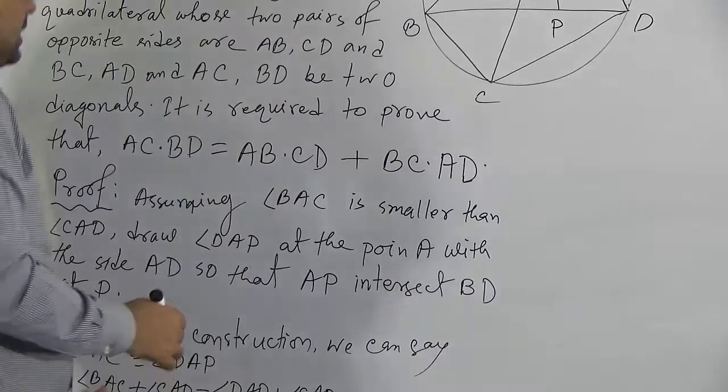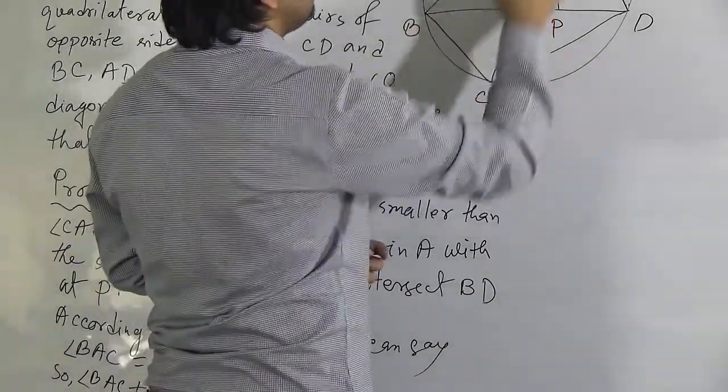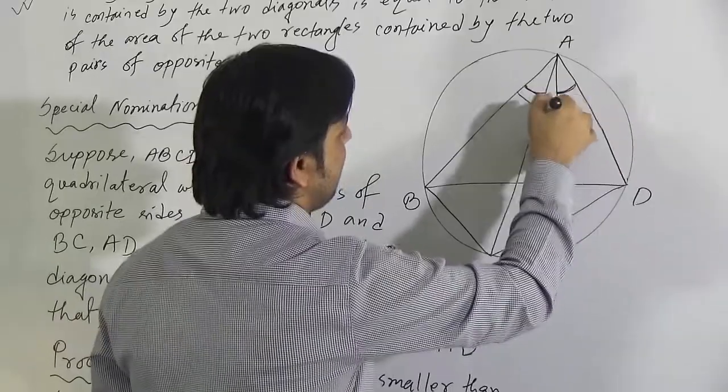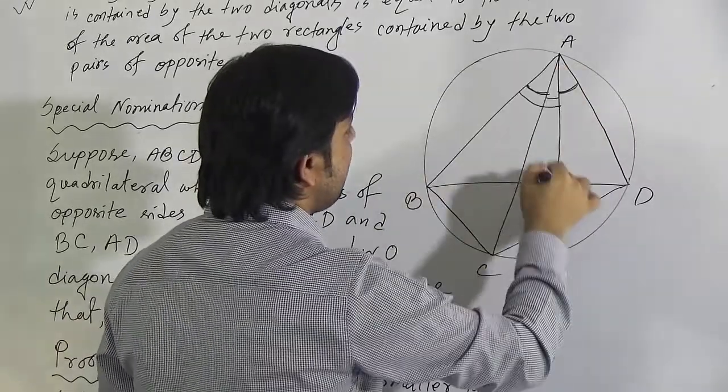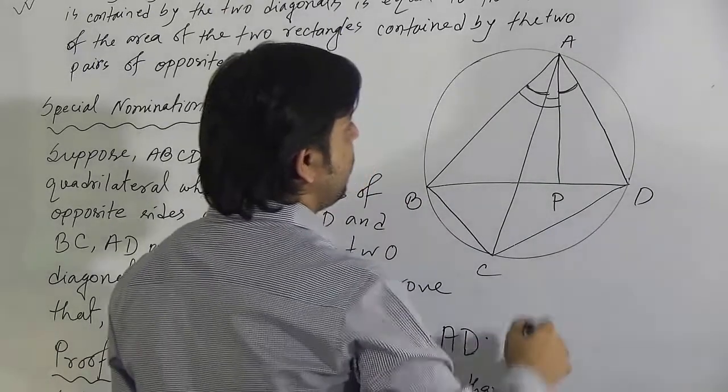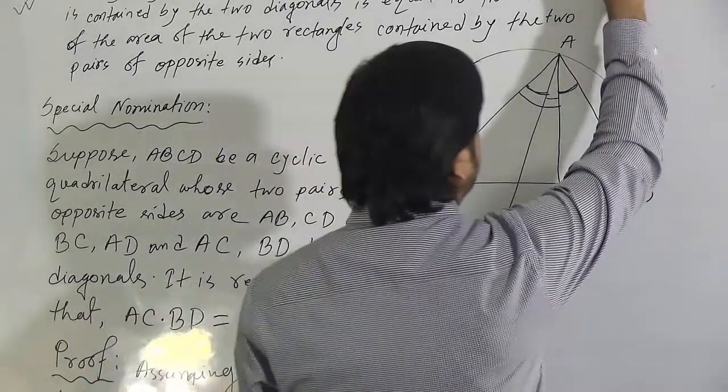If we add these two angles, angle BAC and angle CAP, then we will get the total angle BAP.